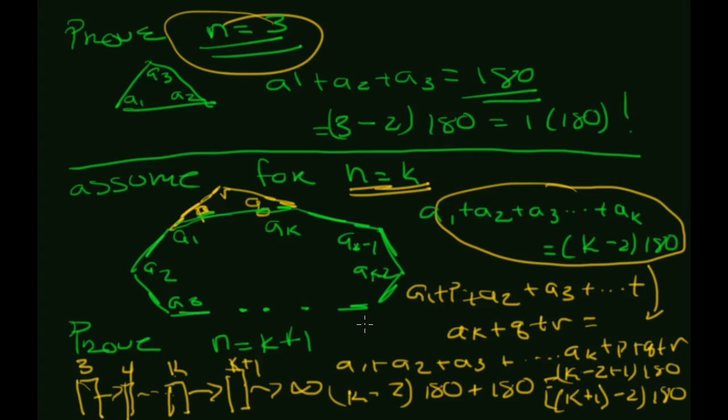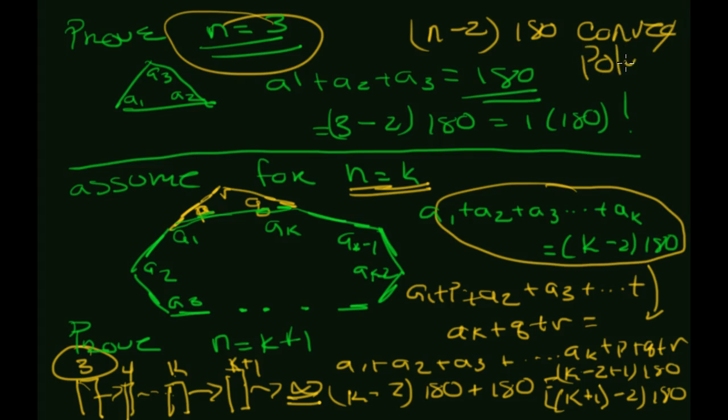Well, the minimum number of sides a polygon can have is 3. And it can always add more, but I have this going to an infinite number of sides. So now my theorem, n minus 2 times 180, works for any polygon with 3 or more sides, which means that it works for any convex polygon.